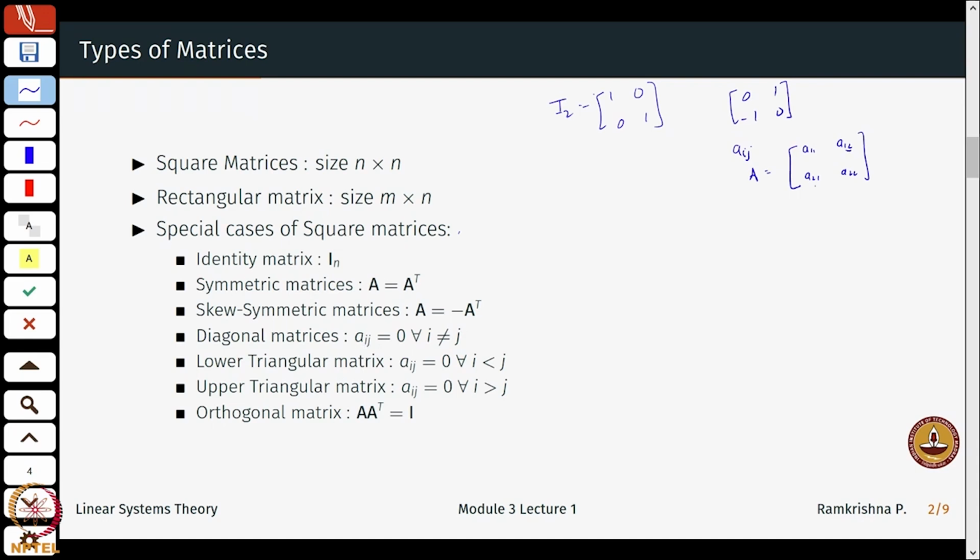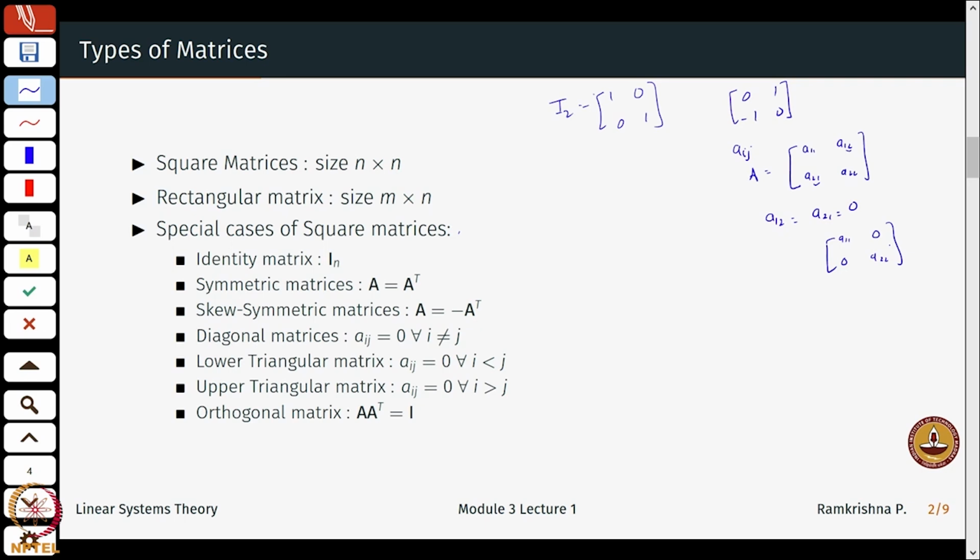So A12 and A21 would be 0, and then the diagonal matrix would just look like this. It is very straightforward, there is nothing really to explain much here.